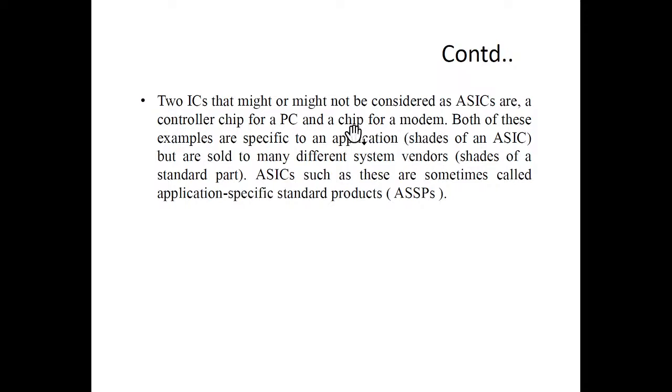This type of integrated circuit may or may not be called an ASIC, because it is used by many other system vendors. That's why sometimes we can call it an ASIC design, and sometimes we can't accept it as an ASIC.